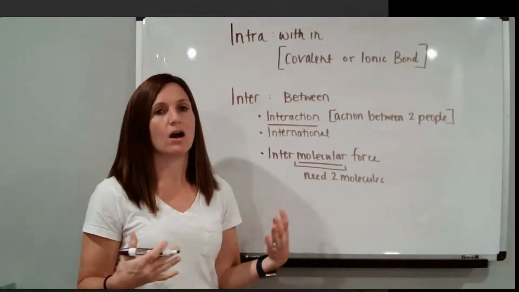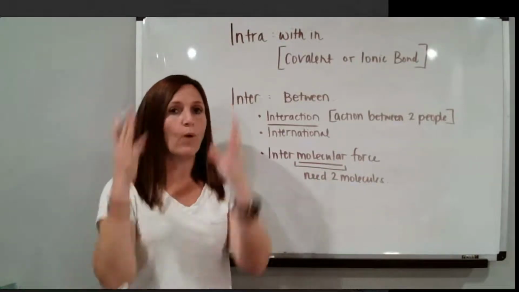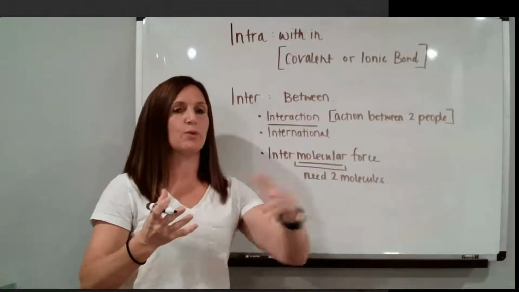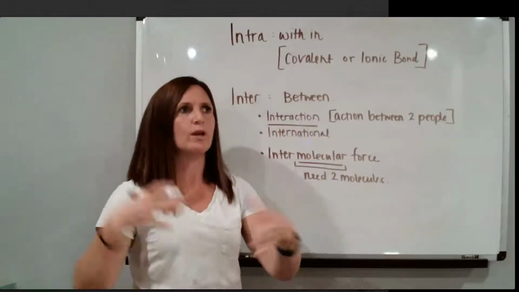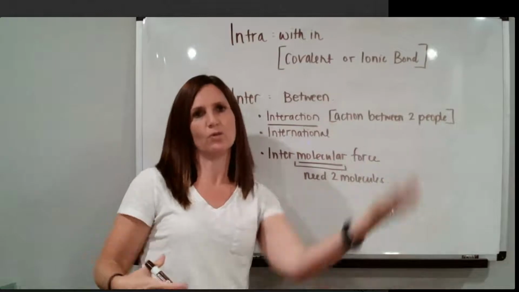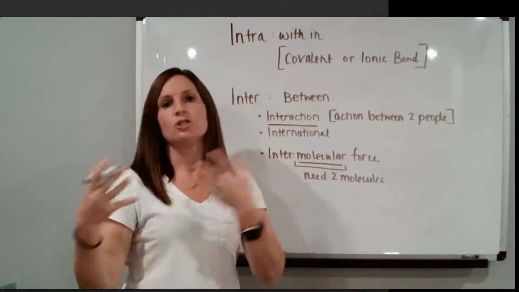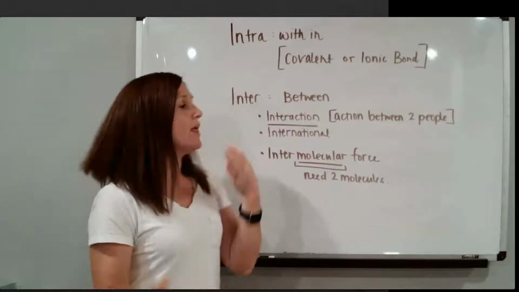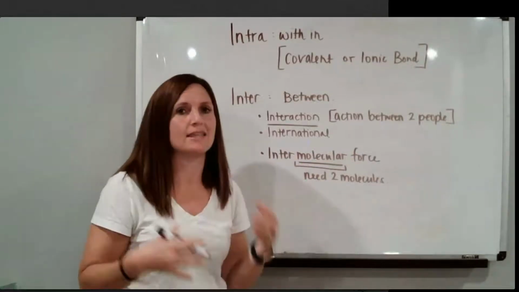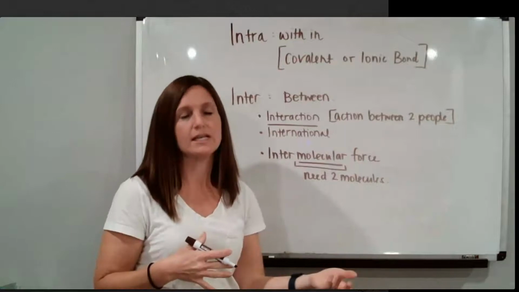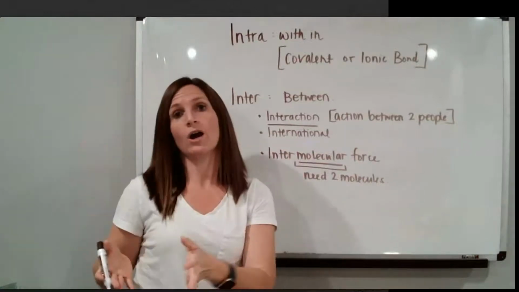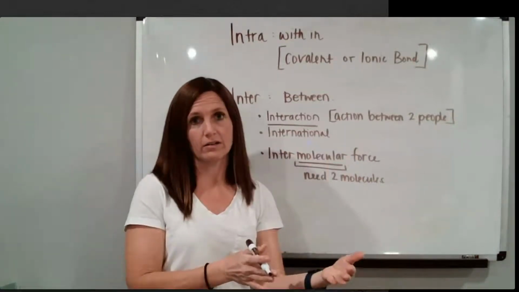So these are behaviors that one molecule exhibits when it sees another molecule. So when a water runs into a sodium chloride, or when a carbon dioxide shows up around glucose, that's how they interact. They would have an intermolecular force. This could even be a water around another water. That's fine.